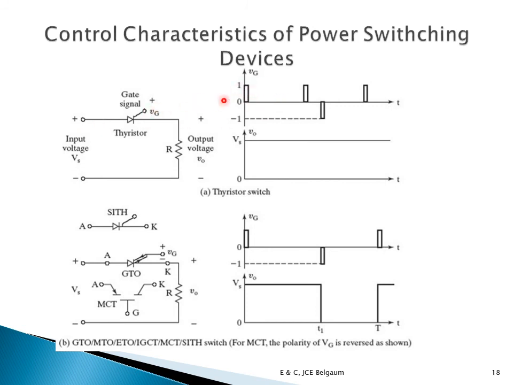This is the gate voltage that I'll be applying, and you'll see that this is a pulse. When is the pulse applied? The pulse is applied at 0, and after some time it is applied again. Also here, I'm going to apply a negative gate pulse. So what is the reaction? The reaction of the output is the output graph that we see here.